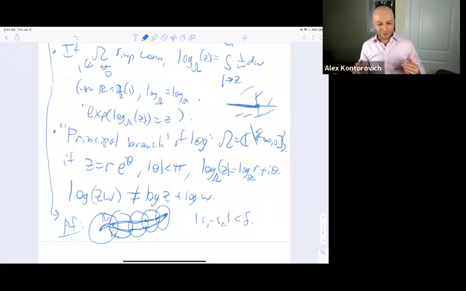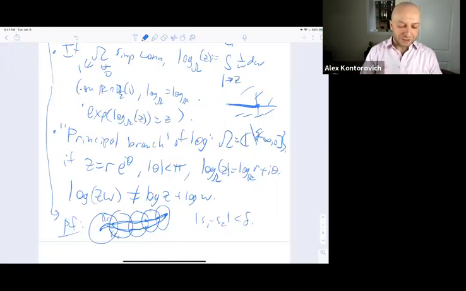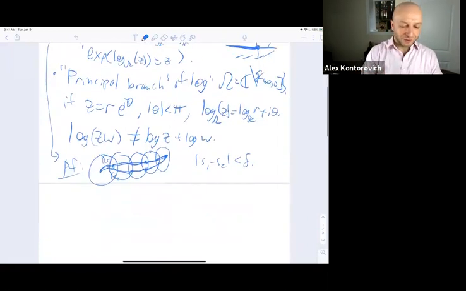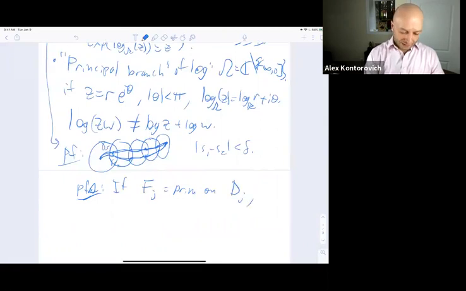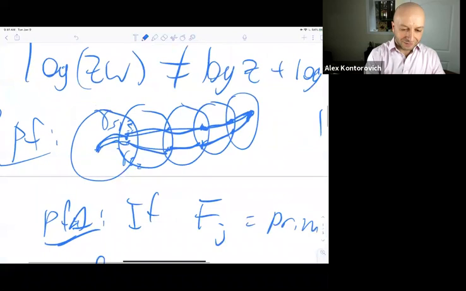The other argument, we sort of talked about this briefly, but I wanted to discuss it in a little bit more detail. So proof one: if fj is the primitive on disk j, then we have these points z1, w1, z2, w2, out to zn, wn.